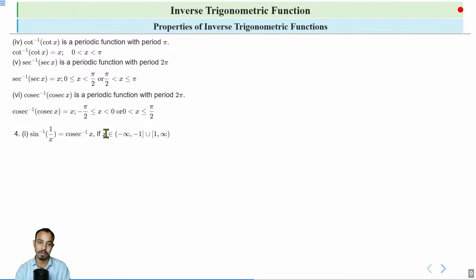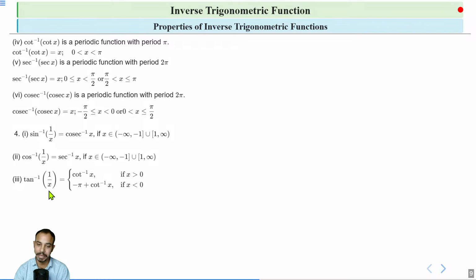When your x lies in this interval, then sine inverse of 1 by x is equal to cosec inverse x. Then cos inverse of 1 by x is equal to sec inverse of x if x belongs in open minus infinity to closed minus 1 union closed 1 to open infinity. So in this interval, cos inverse of 1 by x is equal to sec inverse x.